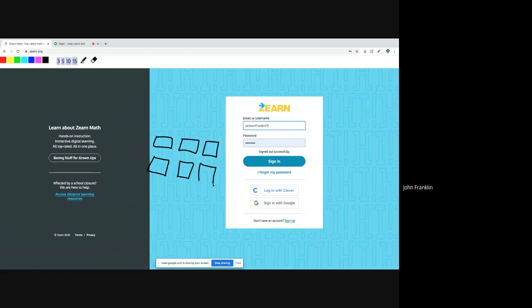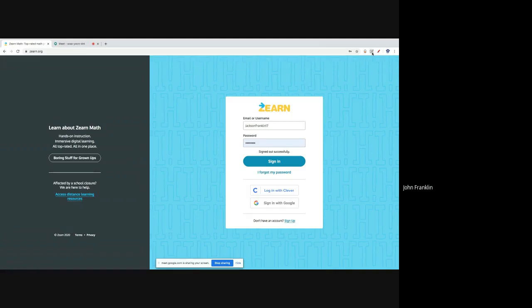And when you're done, you can simply hit erase. It goes away. If you click on it again, the bar goes away. So when you need it, it's there. When you don't need it, it is able to be closed.